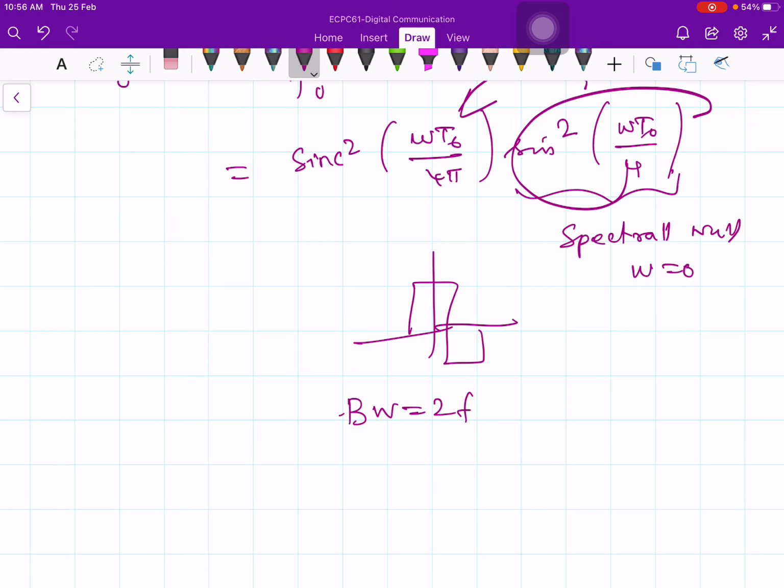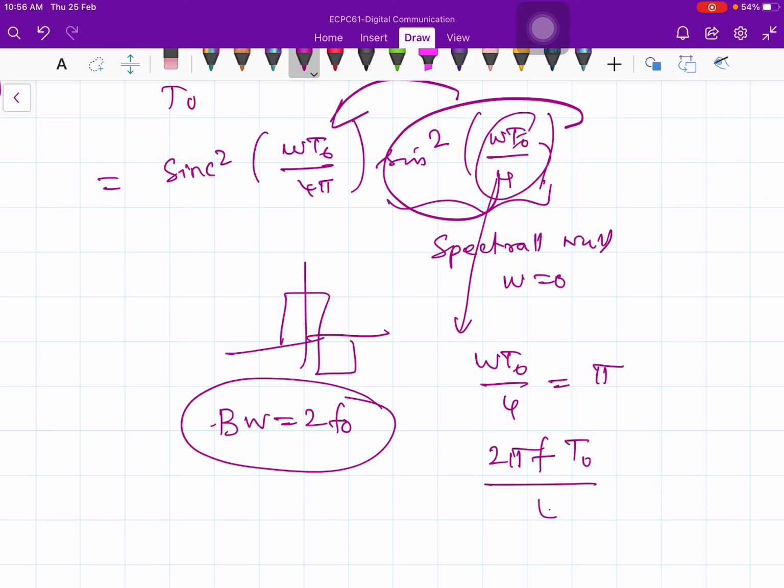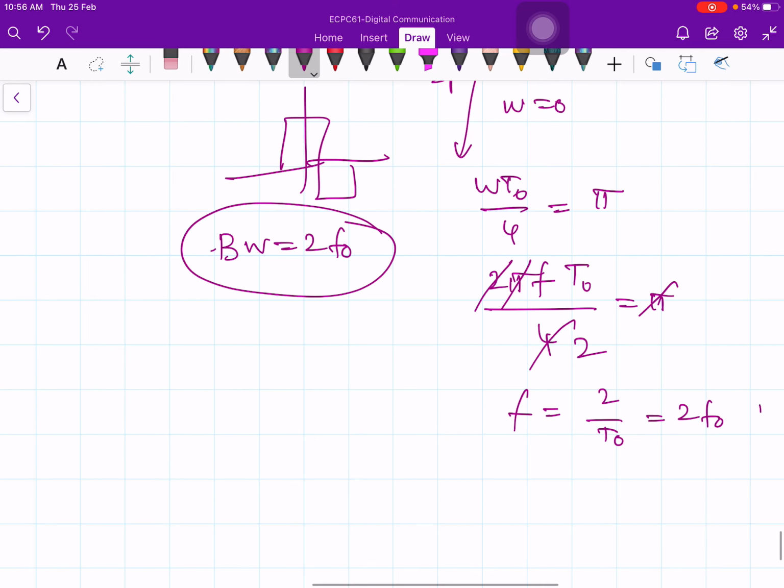So, here the bandwidth is 2f0. It is easy to show you. Take omega t0 by 4 must be equal to pi. Therefore, 2 pi f t0 by 4 is equal to pi, pi will get cancelled, so f is equal to 2 by t naught, 1 by t naught is f naught, therefore 2 f naught. Therefore, the first zero crossing occurs at f equal to 2 f naught. So, this is the bandwidth.